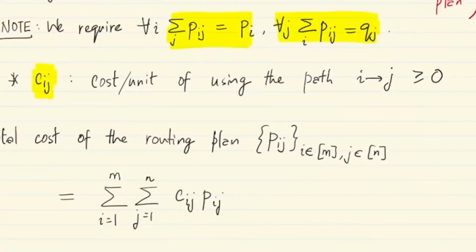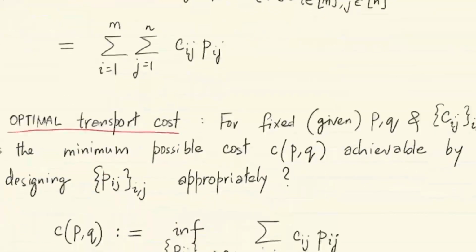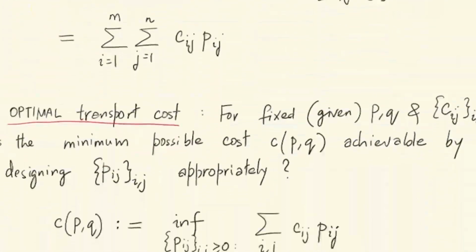So this is the total cost of the routing plan. And one is essentially, in the optimal transportation cost problem, interested in finding the allocation or transference plan Pij to minimize the total cost as best as possible.